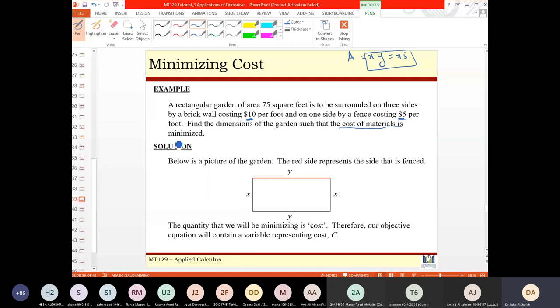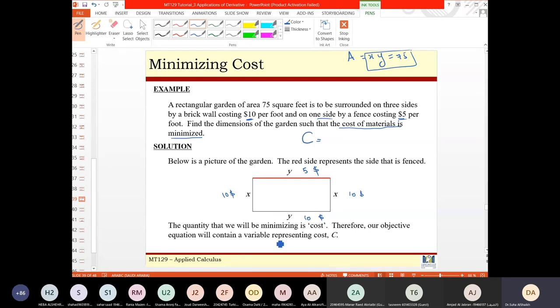So what do I want to minimize here? The cost of the material. Can you see? I want to minimize the cost. So the cost of the material, they said on 3 sides it is costing $10. Here $10, and here it is $10, and here as well it is $10. But on one side, the fence, it is costing $5 per foot.